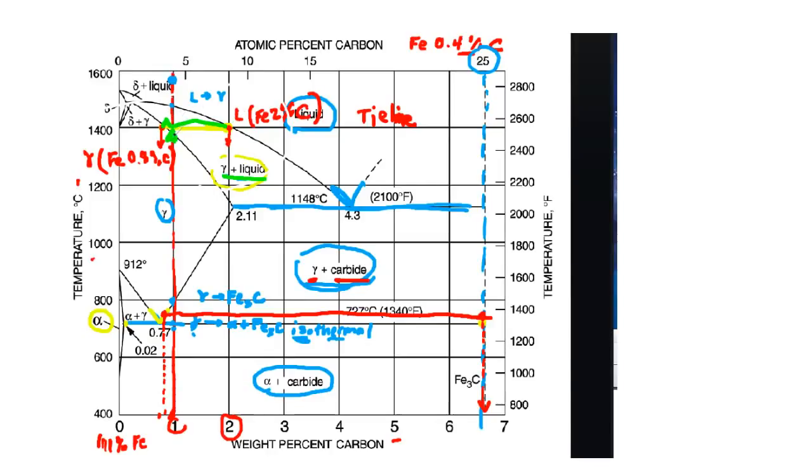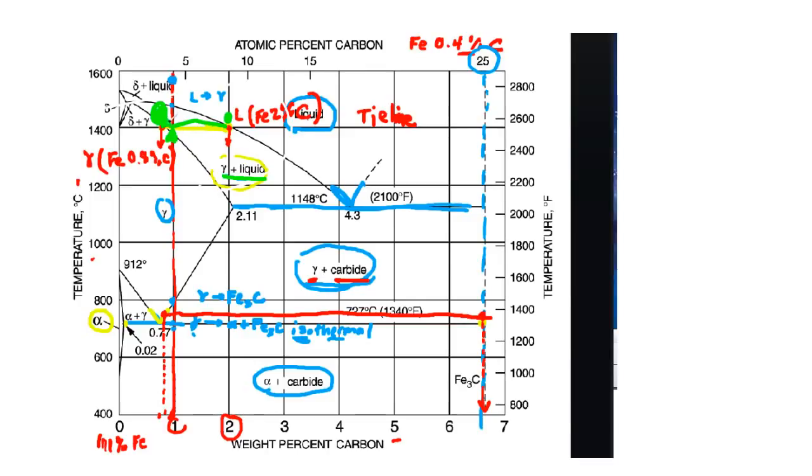Well, you'd have to put a rather smaller mass on the long arm and a larger mass on the shorter arm. So what this tells you intuitively is that where you have gamma here, you're going to have more gamma than you are going to have liquid.